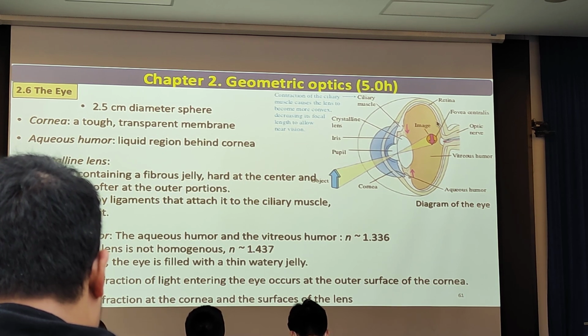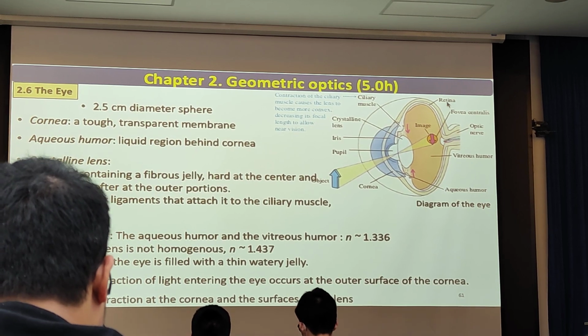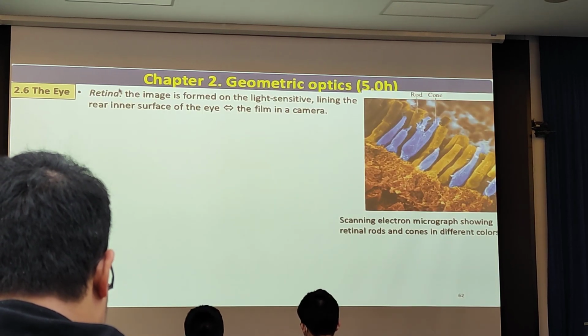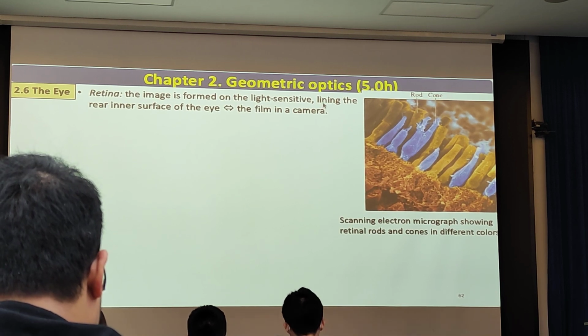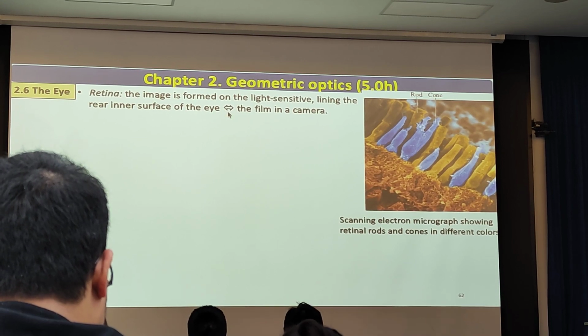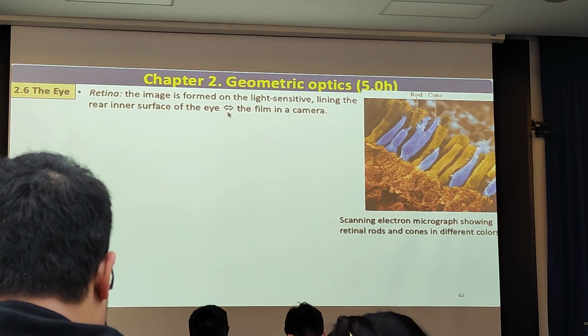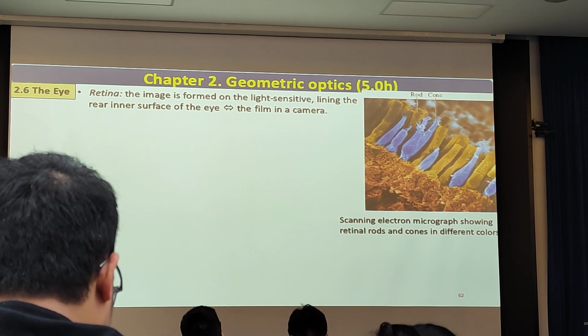That's why you have the retina screen here. Okay, we move to the retina. The image is formed on the light-sensitive lining of the rear inner surface of the eye, so it acts as the film of the camera, or the screen where you can capture the image.